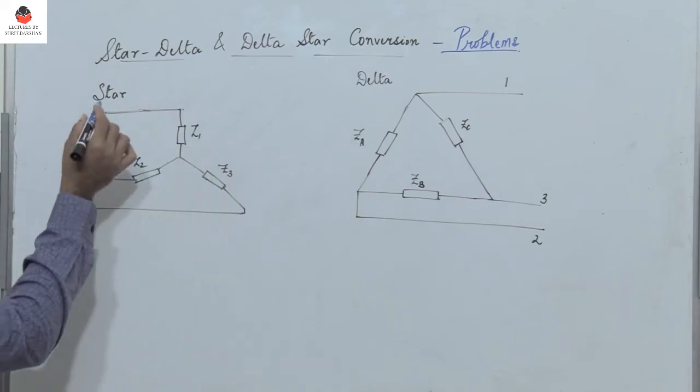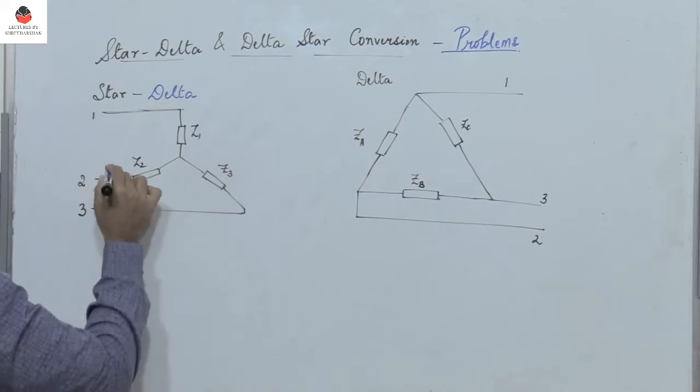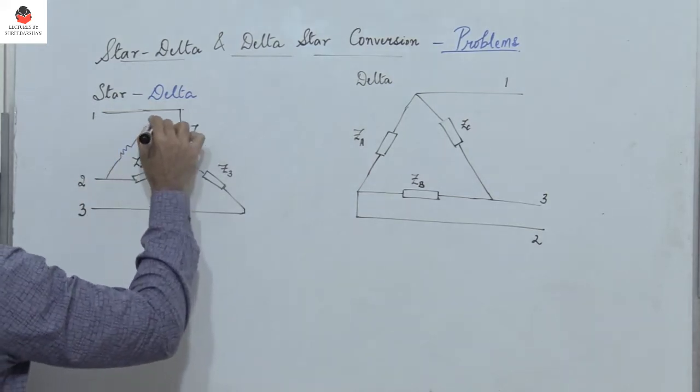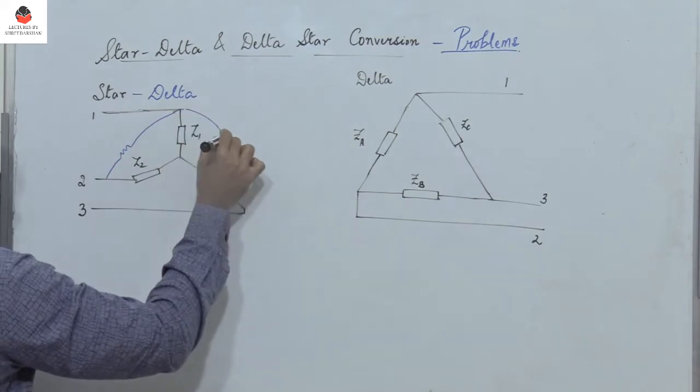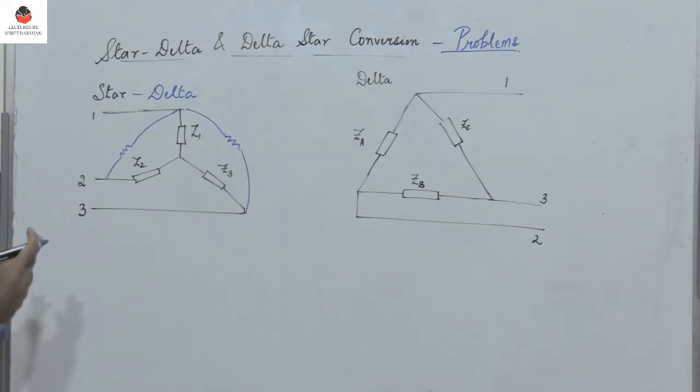Now if I have to convert a star network to delta, let me consider a delta network. So this is a delta network. Either I consider a resistance or I consider an impedance.